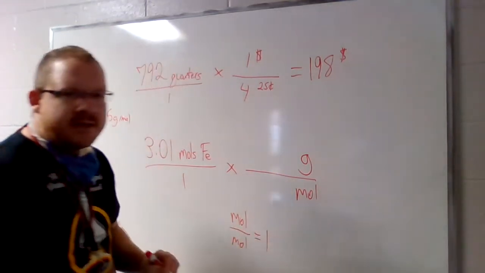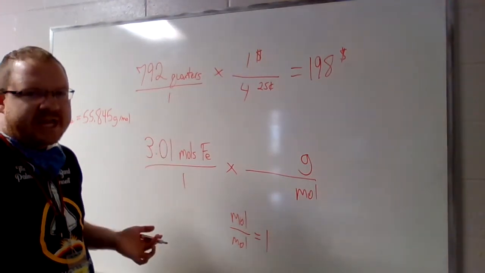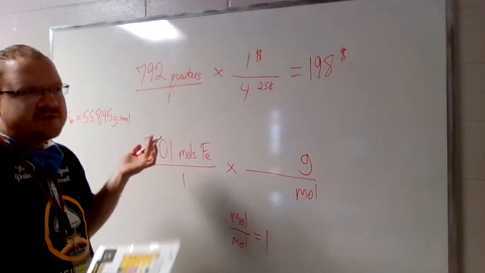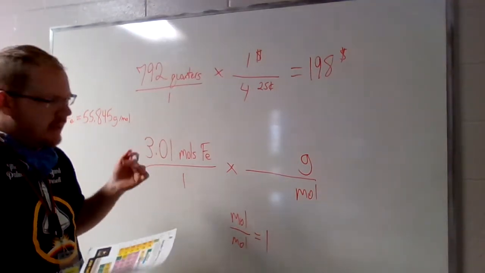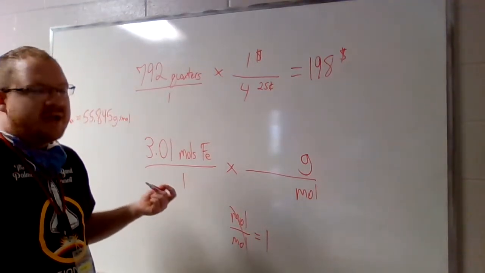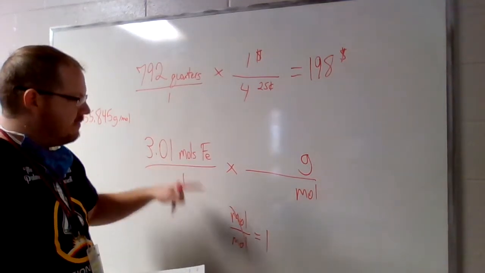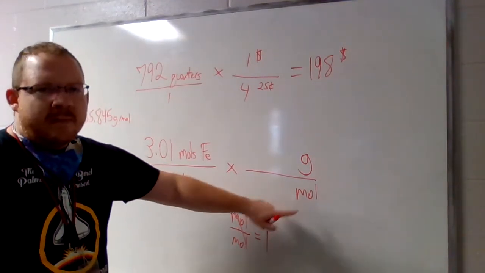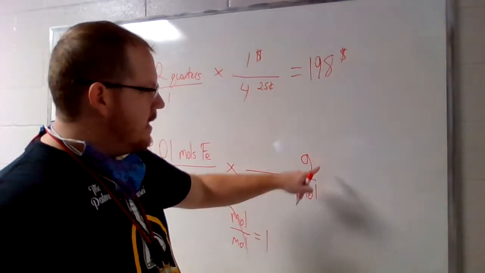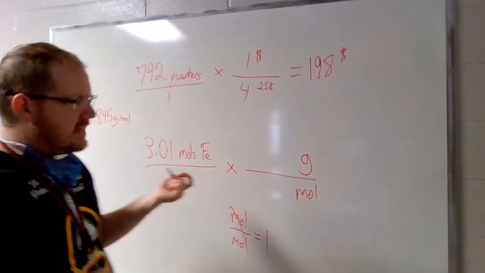It's equal to 1. And is multiplying or dividing by 1 going to change my problem at all? No, it's not. Anything multiplied by itself or divided by itself is still just itself. So this can actually get canceled out and go away. And that's what I want to happen. I want the moles to go away. And so I want to set it up where I have moles on top and moles on bottom, and that's going to allow me to cancel those out. So if my moles are on bottom, my grams need to be on top. That's what I want to finish in. That's the last step that I need.